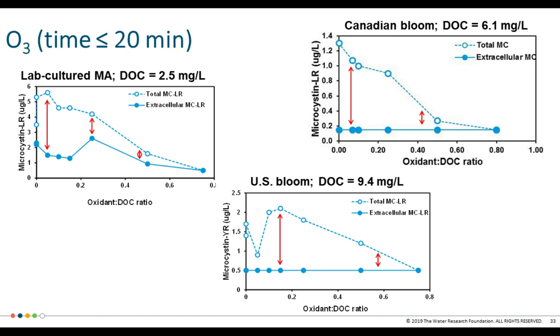But the full line, extracellular, is only the toxins that are outside the cells. As we start doing our oxidation, we're expecting to see toxin being released from inside the cells. The pattern of these two lines, the total and the extracellular, will show us when we are observing release and what is happening to these released toxins.